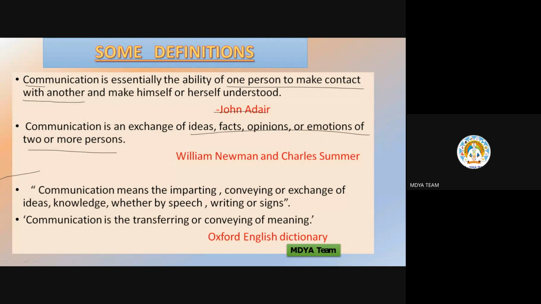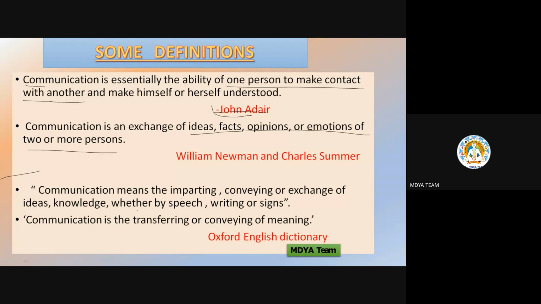You don't need to remember who gave which definition, but at least you should understand the meaning of these definitions. Communication means the imparting, conveying, or exchange of ideas and knowledge, whether by speech, writing, or signs.